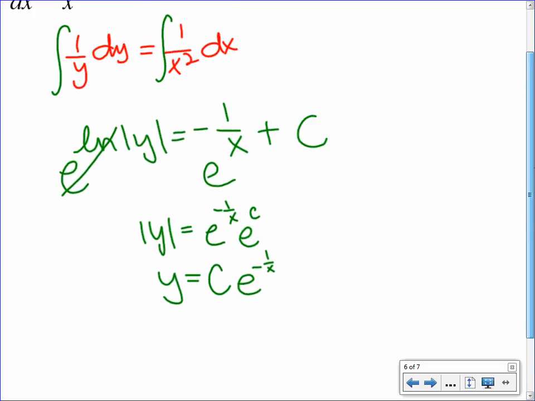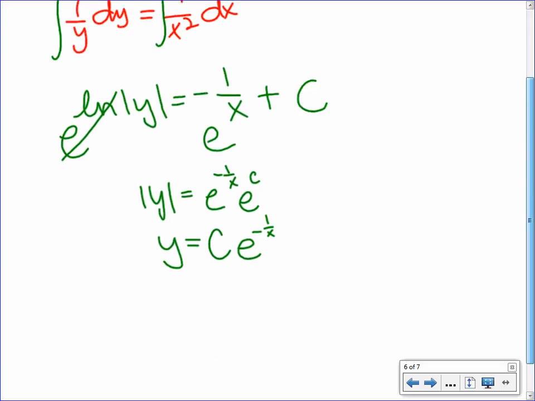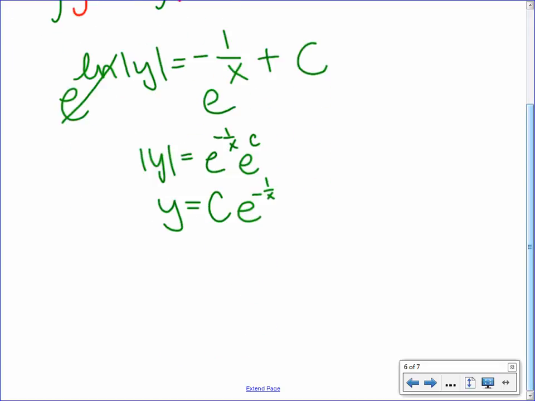What we need now is to use our initial condition of (1, 3). So when x is 1, y is 3. C is not equal to 3.